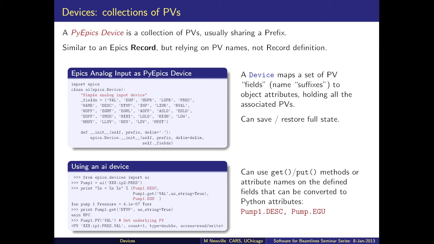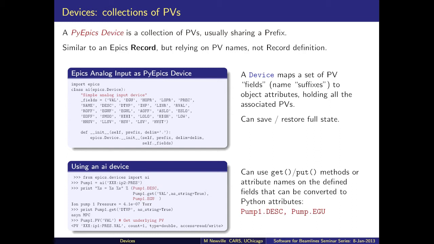So these are easy to create. To make an analog input device, you can just tell it these are the fields that are available for an analog input device. I just read that from the documentation. And then you just initialize that with all of these fields. And then you have a device that you can use either get or put methods, or you can use attributes.